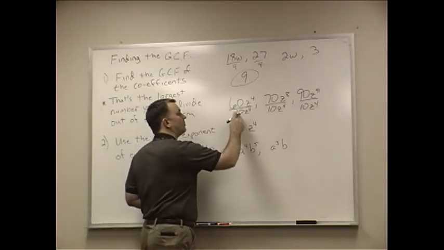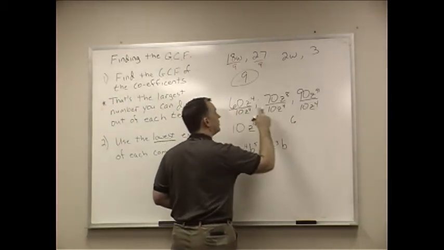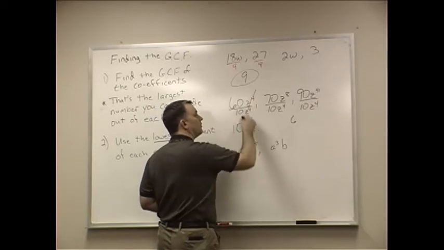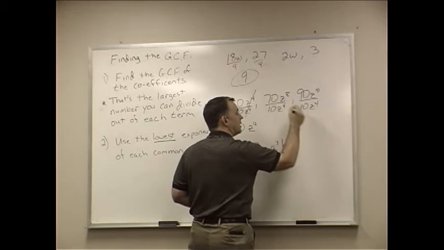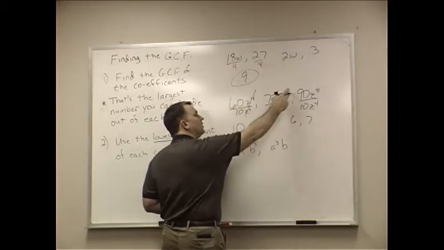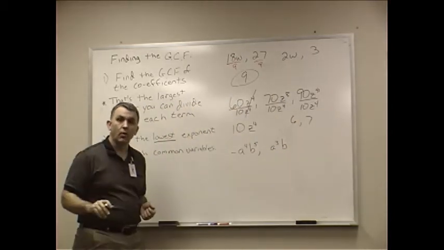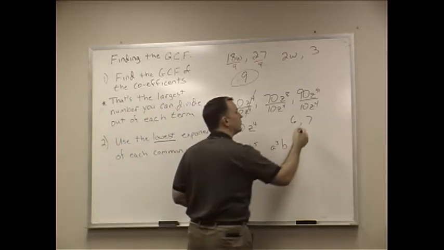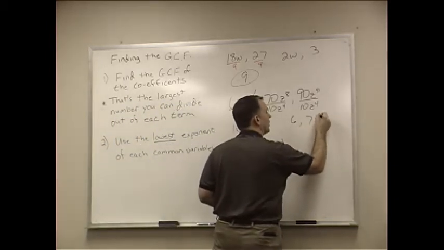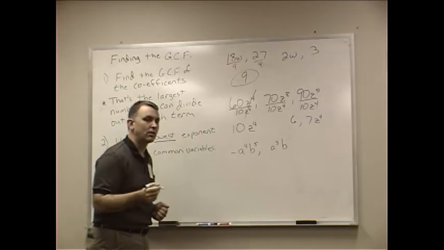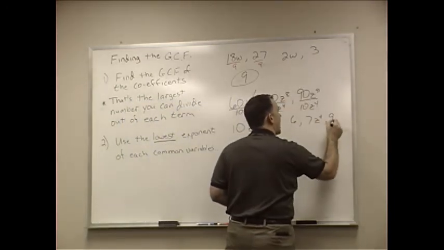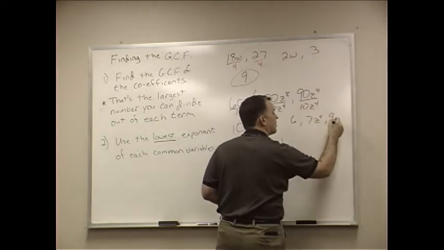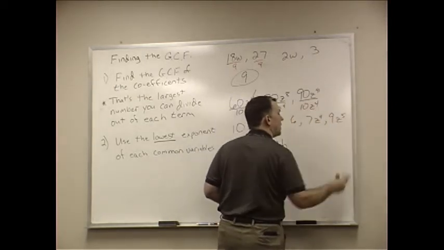Well, 60 divided by 10, that's 6. Z to the 4th divided by z to the 4th, the z's cancel. 70 divided by 10, that's 7. Z to the 8th divided by z to the 4th. Don't forget, when you're dividing, you subtract exponents. So 7z to the 4th. 90 divided by 10, that's 9. Z to the 9th divided by z to the 4th is z to the 5th.